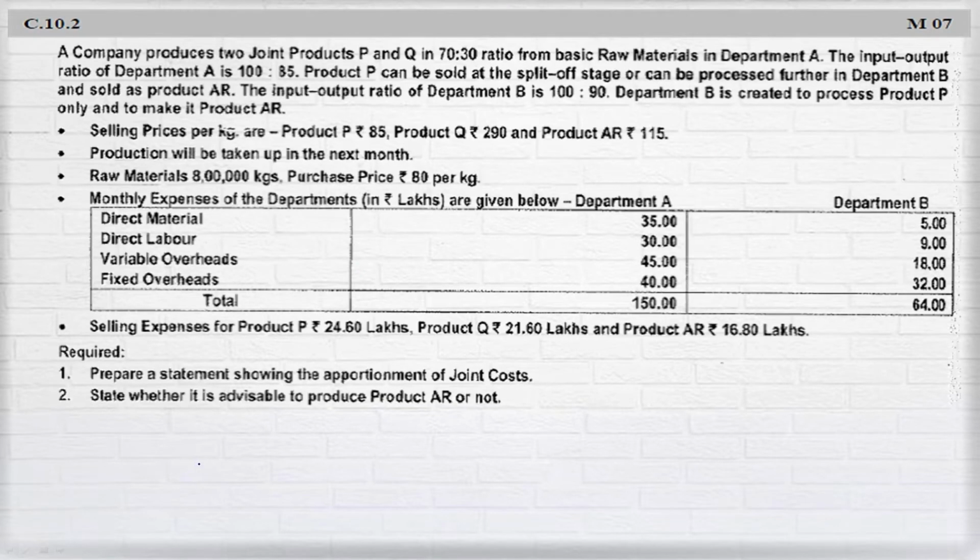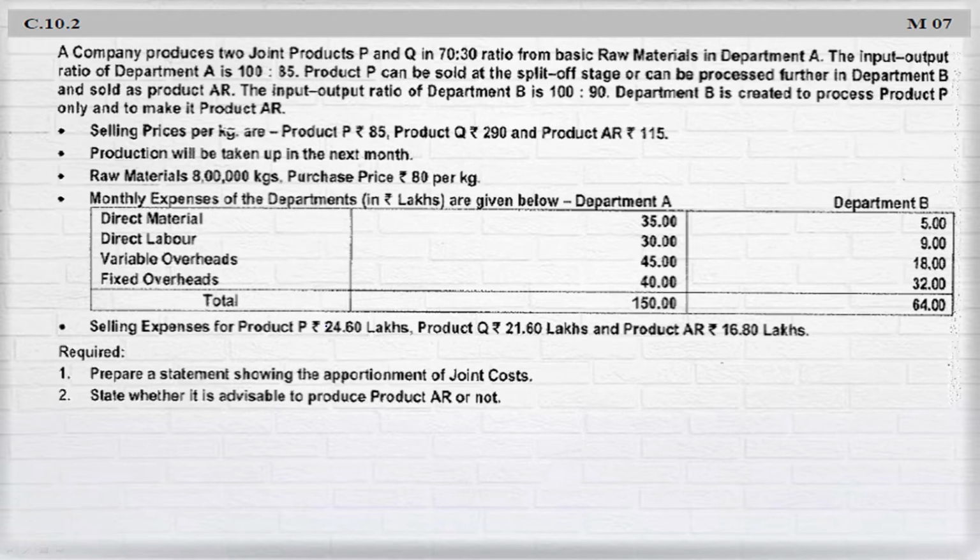10.2. A company produces two joint products P and Q in the ratio of 70:30 from basic raw material in department A. The input output ratio in department A is 100:85.